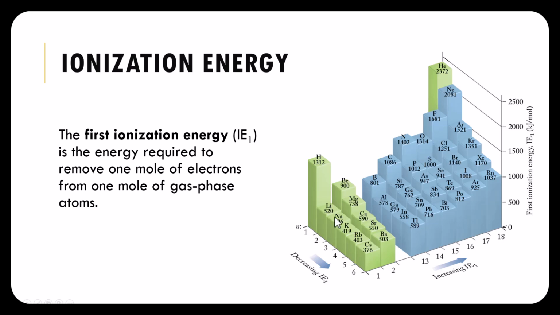But as we keep moving down the periodic table, for cesium here, we're in the 1, 2, 3, 4, 5, 6th energy level. Now that valence electron is so far away from the nucleus that it is a lot more susceptible to outside influence, and it's a little bit easier to take that electron away.